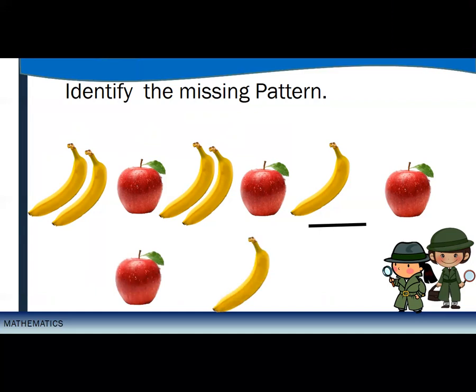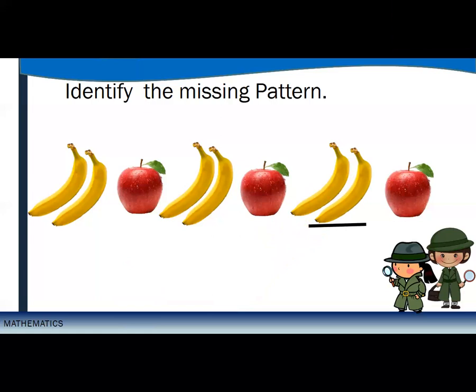Let's check to find the rule of the pattern, then use this to help us identify the missing pattern. First, in the pattern, we have 2 bananas. Next, we have 1 apple.